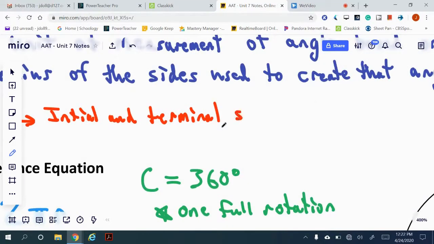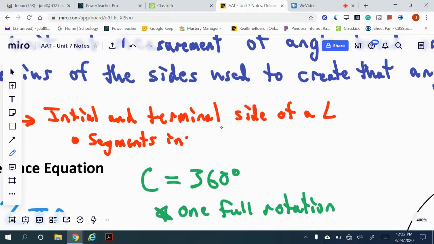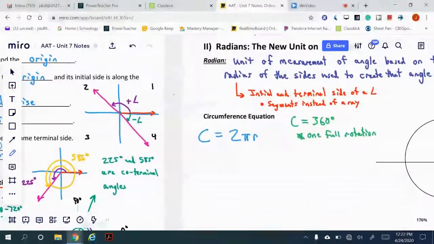So the initial and terminal side of an angle would be segments, meaning they have a beginning and end, instead of a ray, which, guys, remember, that's what we did before.